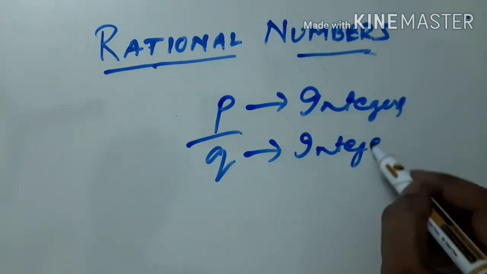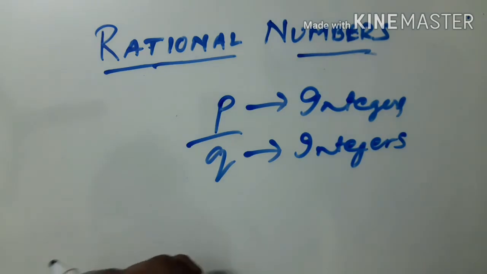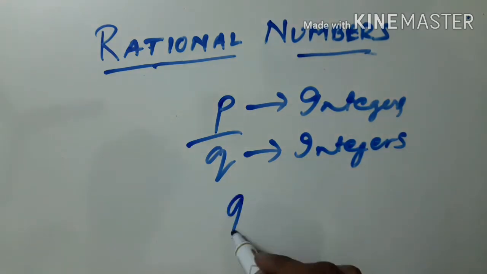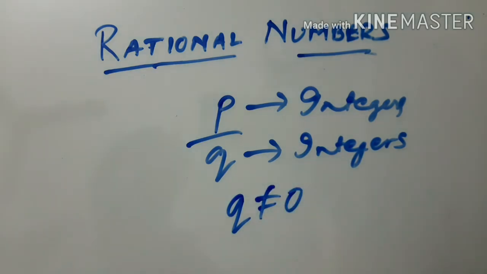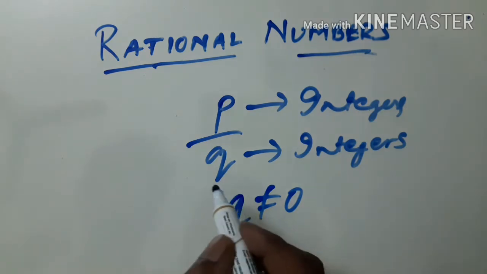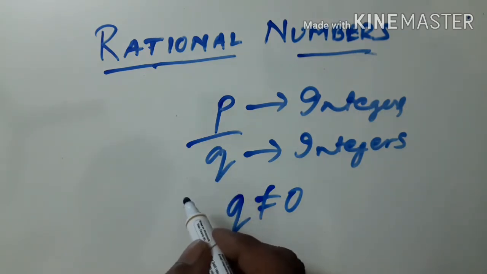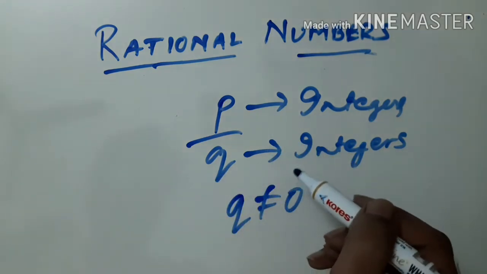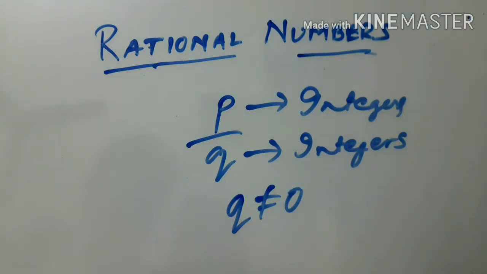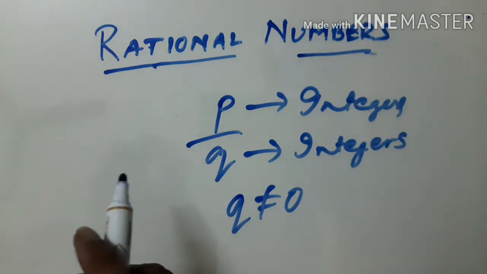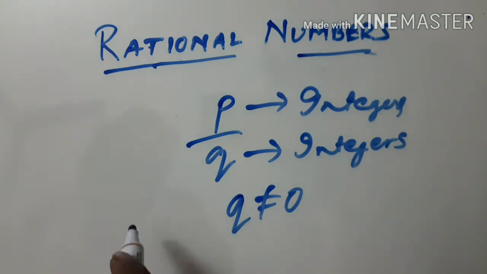P and Q should be integers, and the most important condition is Q should not be equal to 0. So any number which can be written in the form of P by Q, where P and Q are integers and Q cannot be 0, will be called a rational number. Now let's see more about it.